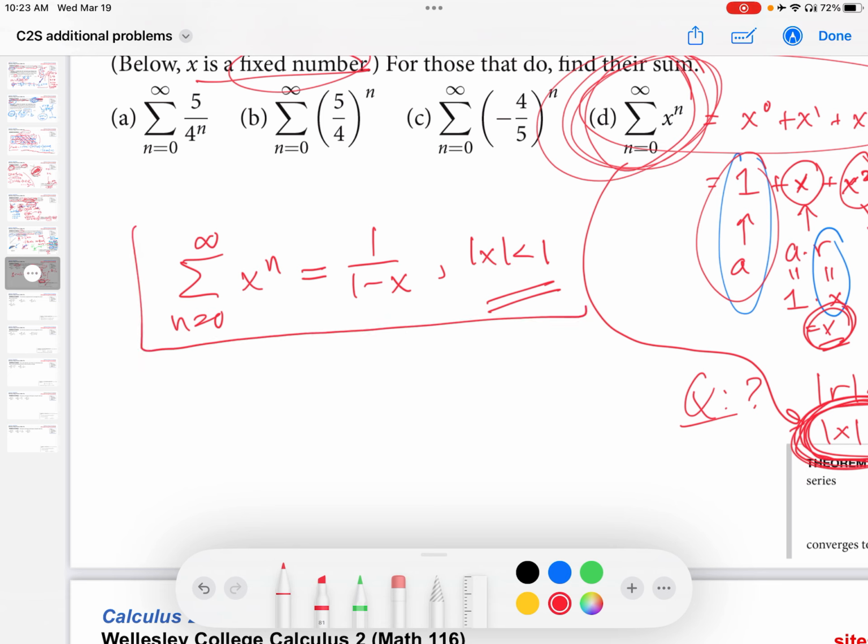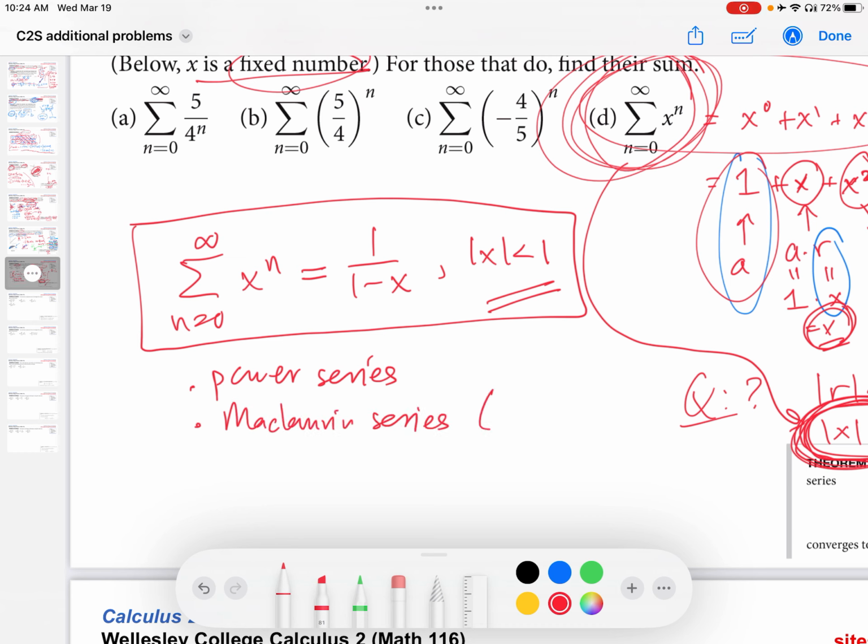Again, you will see this result in at least 2 more ways in your course and in this book. Number 1, you'll later understand it as a power series. And number 2, even after that, you'll later understand it as a Maclaurin series, which is a specific type of Taylor series. All right, so you saw it here first in this video, and in this section in the book.